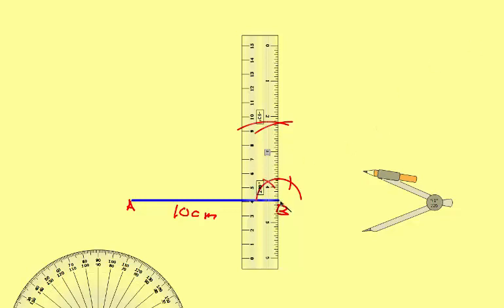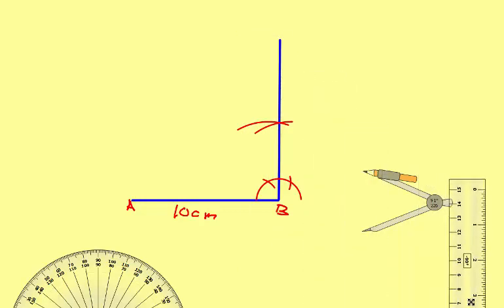So constructing my 90 degrees now. I draw my line to pass through this point. Make sure you extend the line to make it easier for you. Good. So that is my 90 degrees angle.